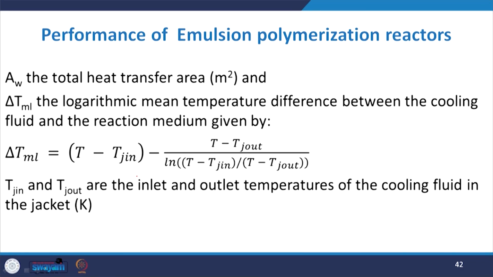Now it is given by delta T ml is equal to (T minus Tj in) minus (T minus Tj out) upon ln of (T minus Tj in) over (T minus Tj out). So Tj in and Tj out are the inlet and outlet temperature of the cooling fluid in the jacket.